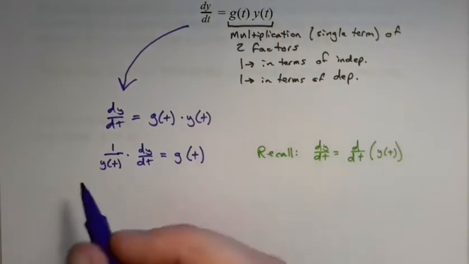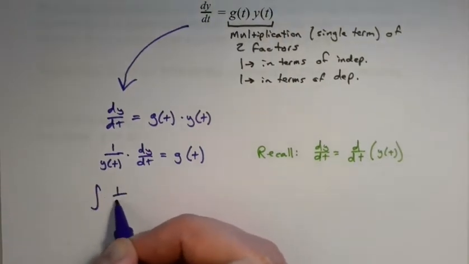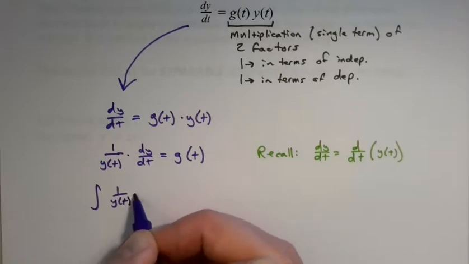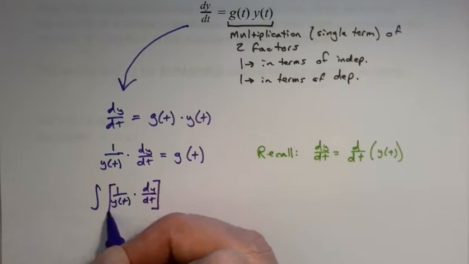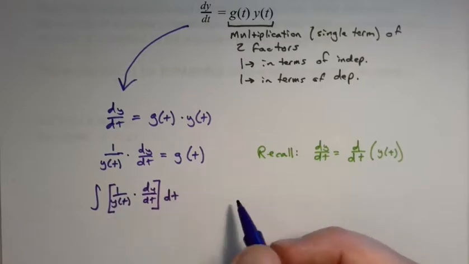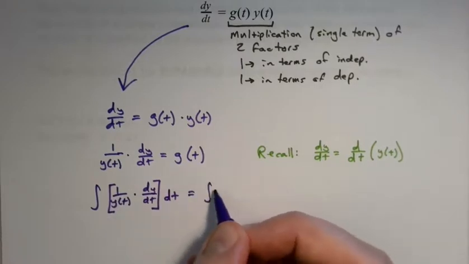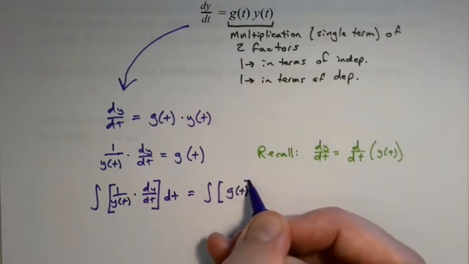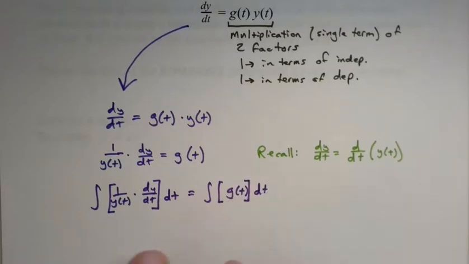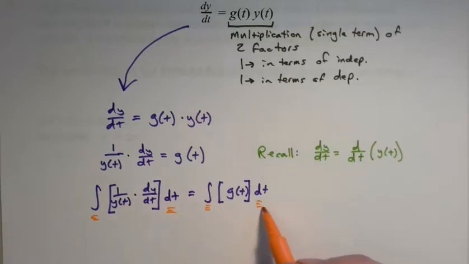So I'm going to integrate this side, 1 over y of t times dy dt, all of that, with respect to t, and I'm going to integrate the other side with respect to t. This is technically following the rules, because whatever you do to one side, integrating with respect to t, I have to do to the other side. So the key here is we're integrating with respect to t on both sides.